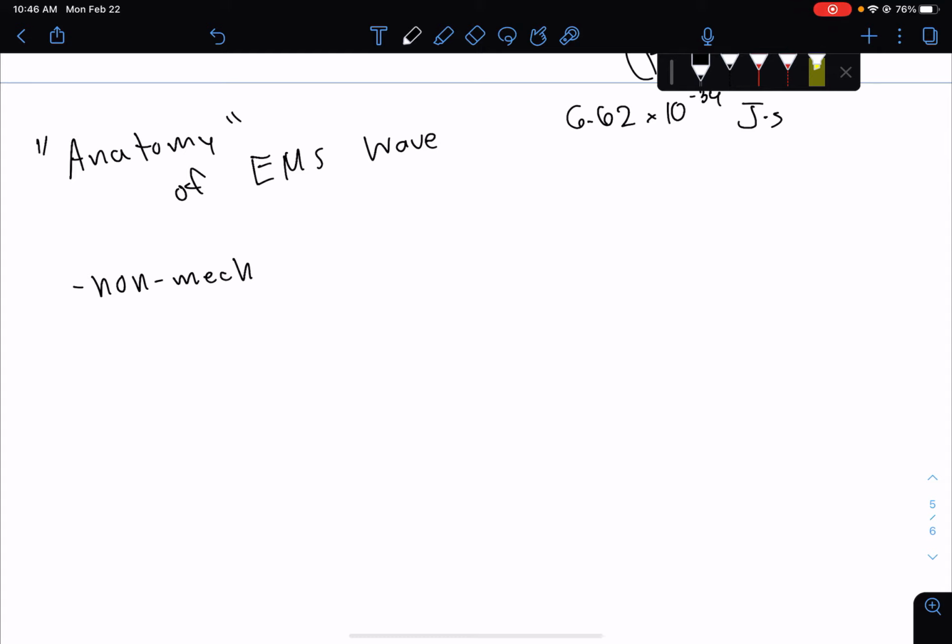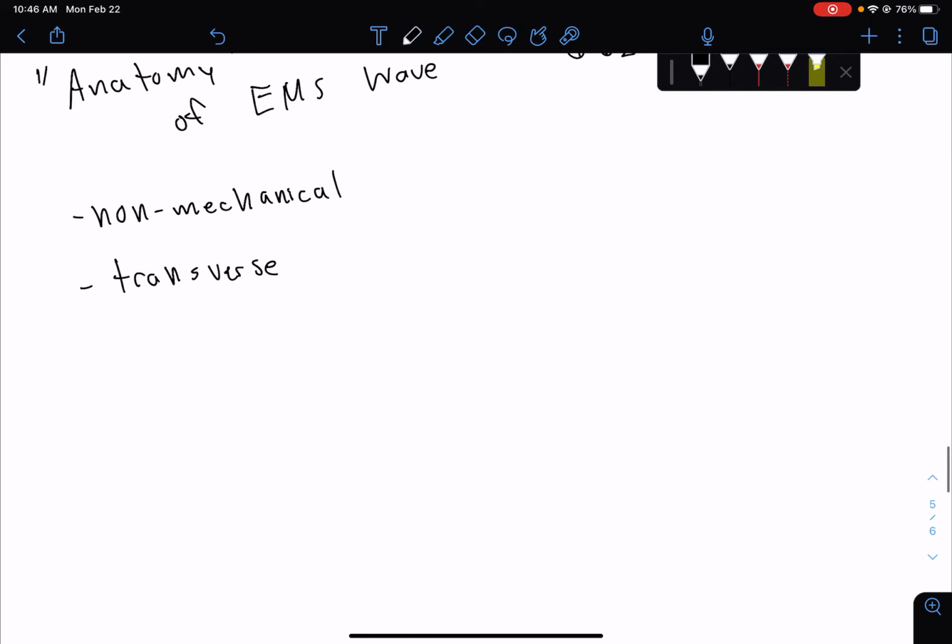They don't need a medium to travel through. They're non-mechanical, and that means they're transverse. Spelling is tough. Transverse. There we go. So they're non-mechanical, they're transverse.